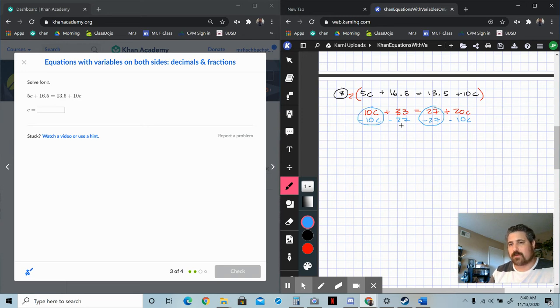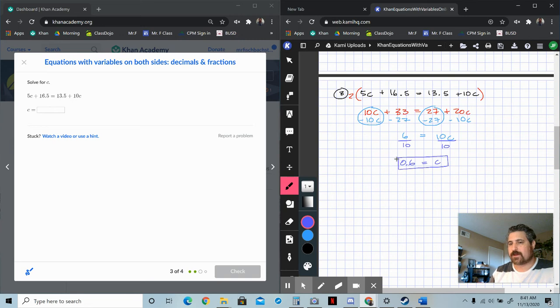And we can continue going from there. So 33 plus negative 27 is going to be positive 6. And here 20c minus 10c is going to be 10c. And we now have 6 is equal to 10c's. I want to undo times by 10, so divide by 10 both sides. And you're going to get c is equal to 0.6, or 6/10, right?